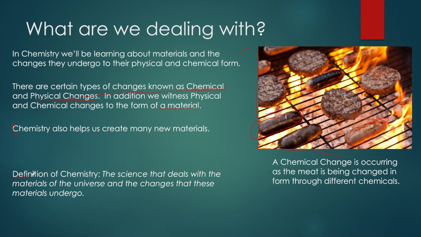So, the definition of chemistry is the science that deals with the materials of the universe and the changes that these materials undergo. So, like I said, basically the raw hamburger meat turning into the cooked hamburger meat.